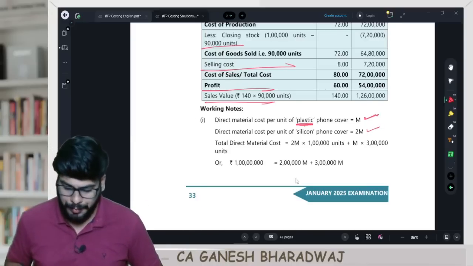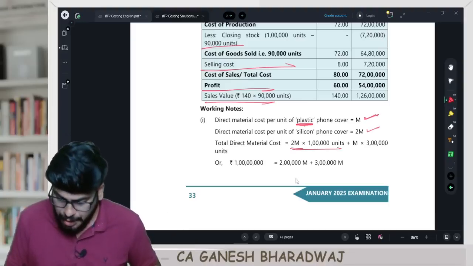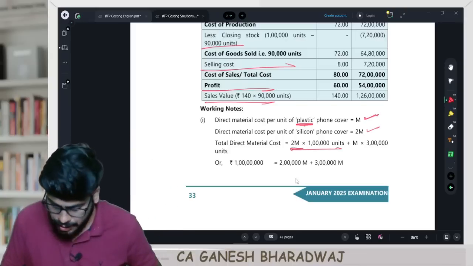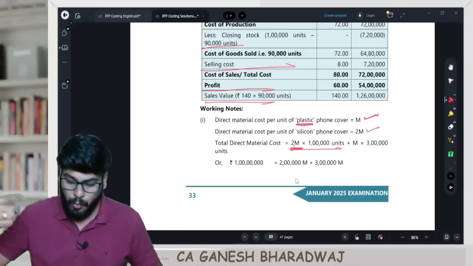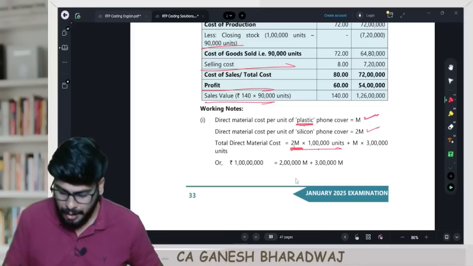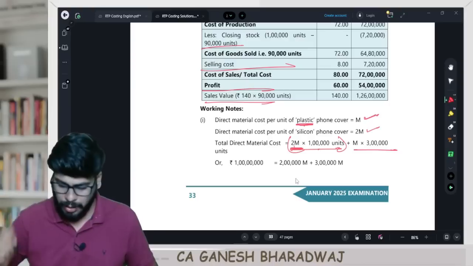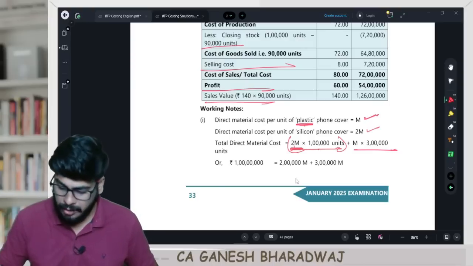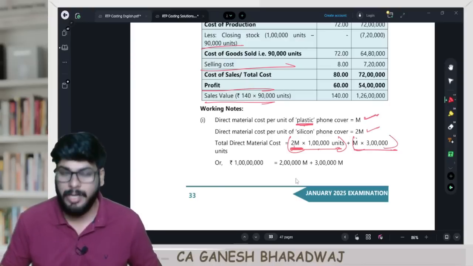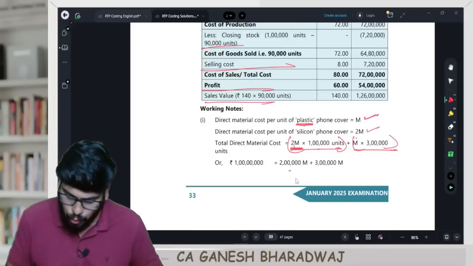Now, the total direct material cost will be what? 2M into 1 lakh. The per unit material cost is 2M, and I am producing 1 lakh units of silicone phone cover. So 2M into 1 lakh, plus M into 3 lakh. I am producing 3 lakh plastic phone covers, and the per unit material cost of plastic phone cover is M. This will be the total material cost, equal to 1 crore rupees.